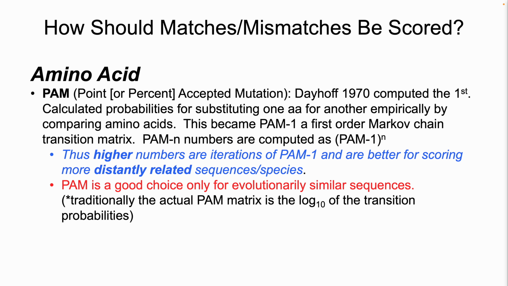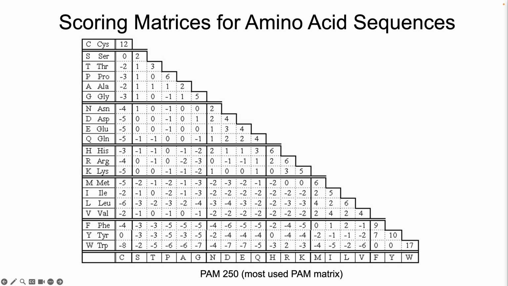And so the farther apart they are, the less you want to penalize or reward the mismatches, because over evolutionary time you expect them to be more divergent. And so I guess maybe it's easier to think of in things that are closely related. If they're closely related and there's a mismatch, you want to penalize that really hard, okay? And so you would use a low value PAM matrix.